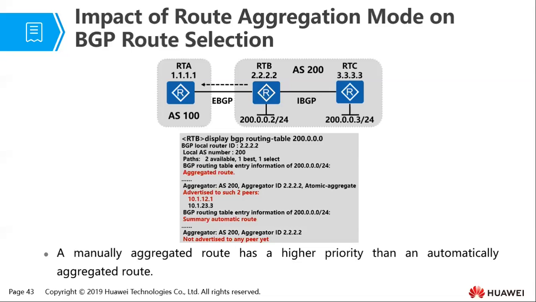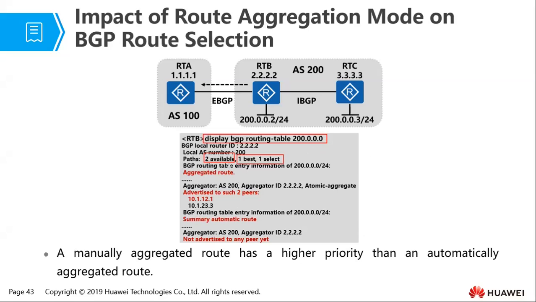So we want to know whether it is the manually or the automatically aggregated route that is going to be advertised. So we do display BGP routing table. We can see that we have two available paths, but one is best and one has been selected.